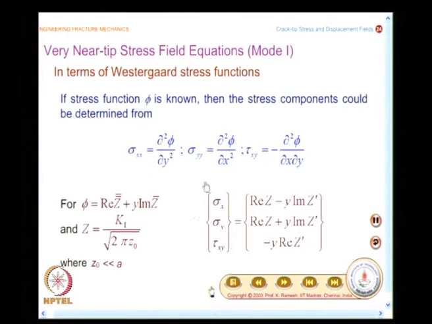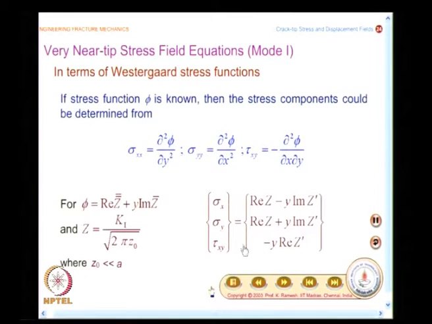If you look at this expression, this is valid for the entire field, whether we choose Z as what was given by Westergaard, that is sigma z divided by root of z squared minus a squared, or it becomes a near field solution when Z equals K1 by root of 2 pi z naught. In fact, in the original paper when Westergaard proposed this, he showed for a class of problems the stress field is like this.